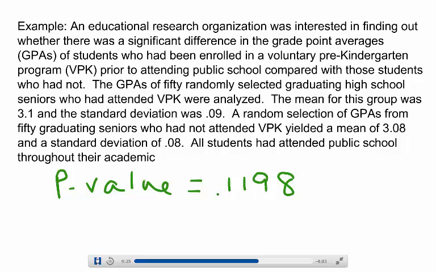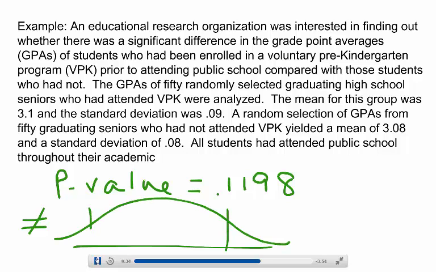we need to take into consideration that a not equal to test is what we call a two-tailed test. 0.1198 would be representative of the probability in just one tail.